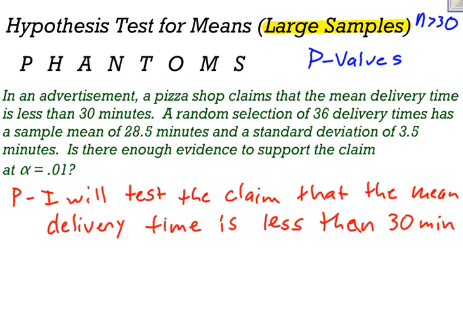Now, there's a key little phrase in this claim, and that key little phrase is less than. That less than tells me how to write and where I should write my null and alternative hypotheses.